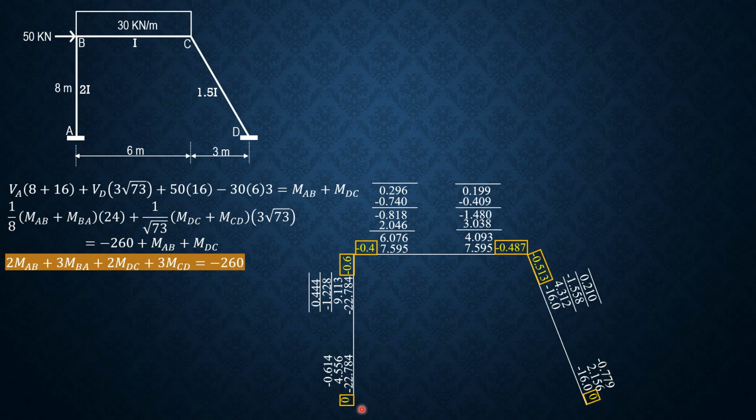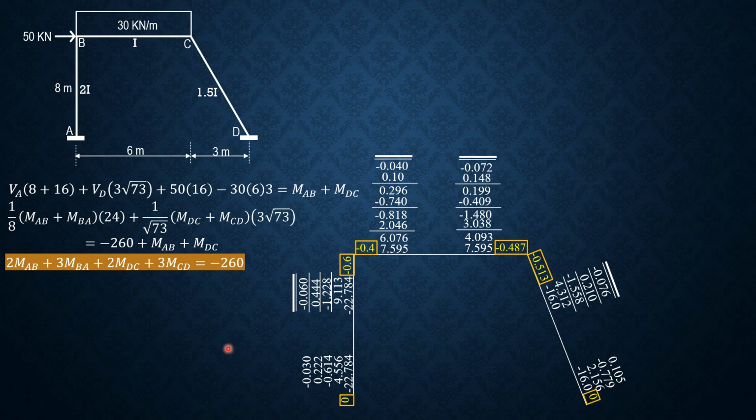Then 0, 0 here. Carry over, so 0 here, half of 0.444, 0.222, half of 0.199, 0.1, half of 0.296, 0.148, 0 here, half of 0.21, 0.105. 0.1 times negative 0.4, negative 0.040 lakh, final lakh. 0.1 times negative 0.6, negative 0.06 lakh, final lakh. 0.148 times negative 0.487, negative 0.072 lakh, final lakh. 0.148 times negative 0.513, negative 0.076 lakh, final lakh.